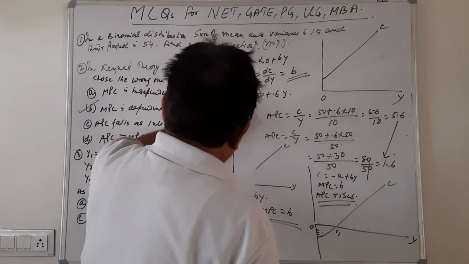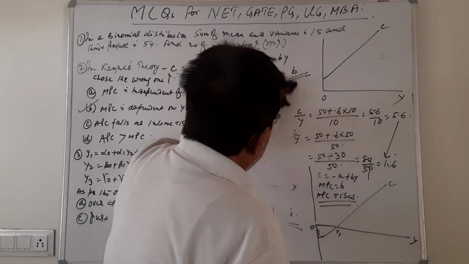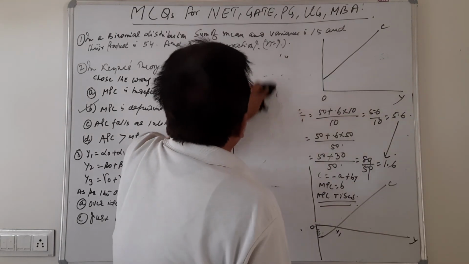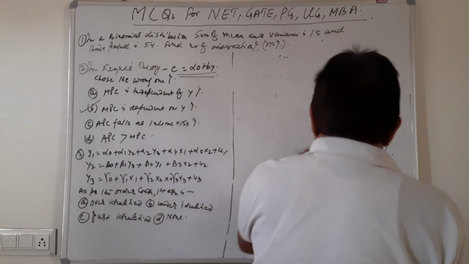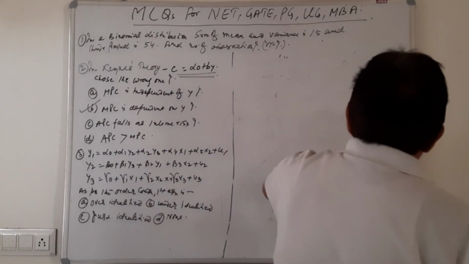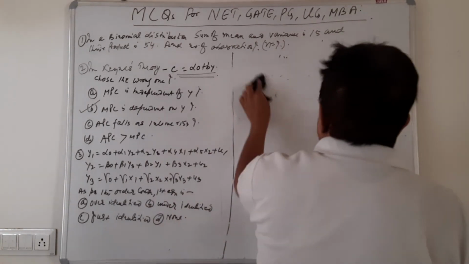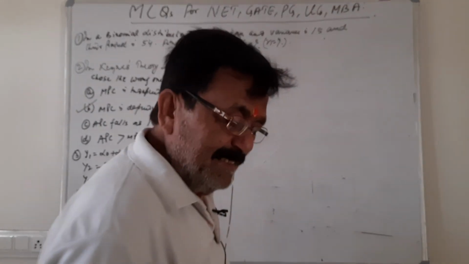Now the third question relates to econometrics and identification chapter. Three equations are given, and here it has been asked whether the first equation is under, over, or exactly identified. So we must remember the order condition.